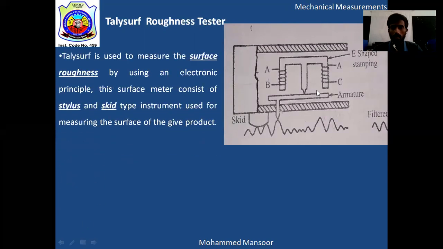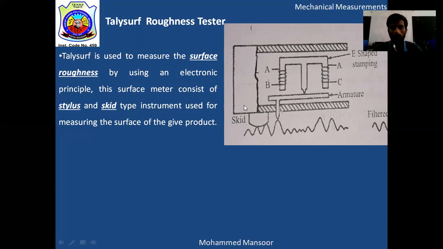If you observe here, the TaliSurf roughness tester consists of an E-frame and coils at each end. It consists of a coil at each end, A, B on the left side, and C at the right side.